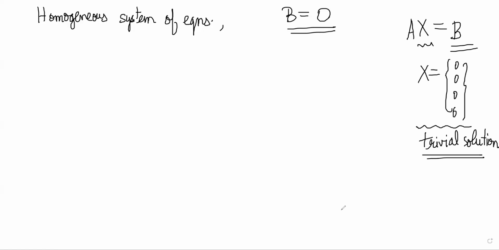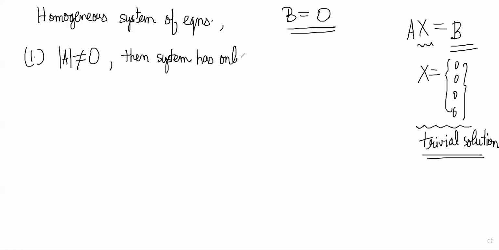So here case one is if det of A is not equal to 0. If det of A is not equal to 0, then the system has only the trivial solution. Why?